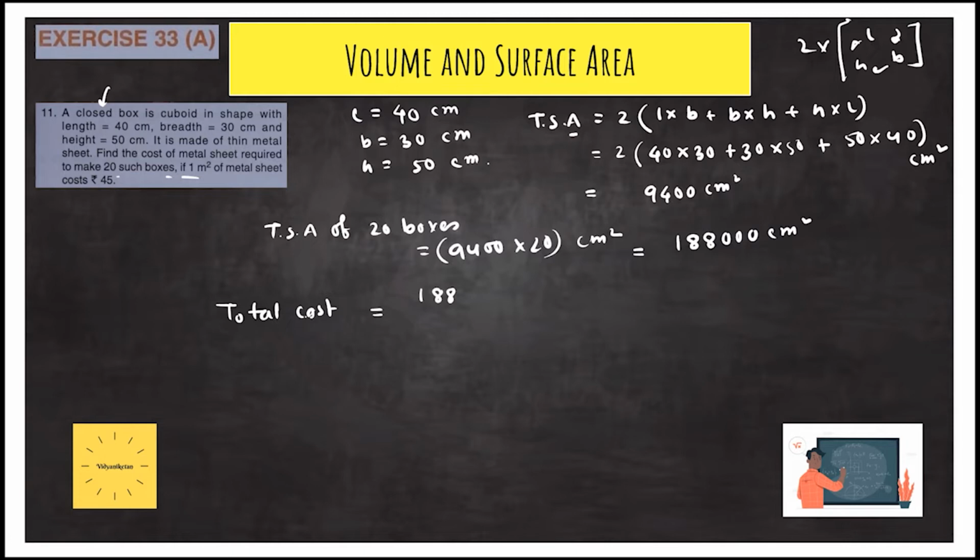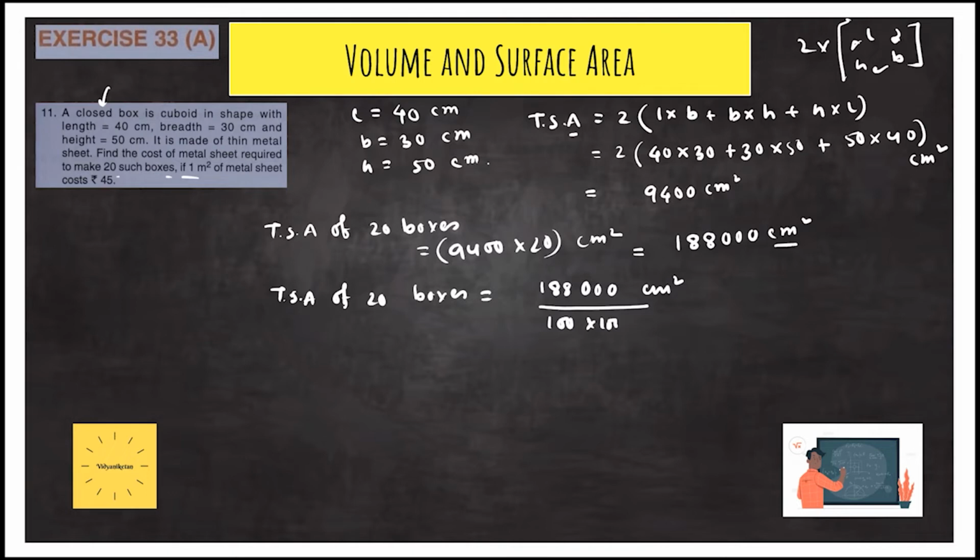Now we are doing this problem, so the thing that will be more suitable is that we will change the centimeter square to meter square. So it is in centimeter square, so TSA of 20 boxes is equals to 188,000 centimeter square divided by 100 into 100. So ultimately the answer becomes 18.8 meter square.